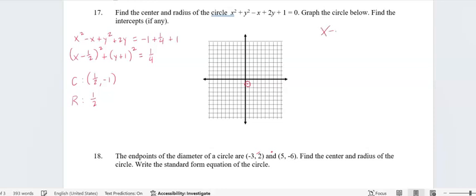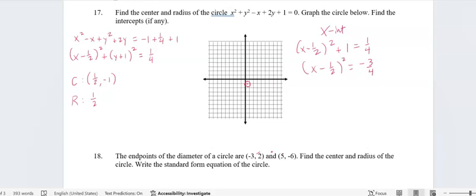So if I want to find x-intercepts, I'll let y be 0 in this standard form. And if y is 0, that's 1 squared, which is 1. And I'm going to subtract 4/4 from both sides, and that gives me -3/4.